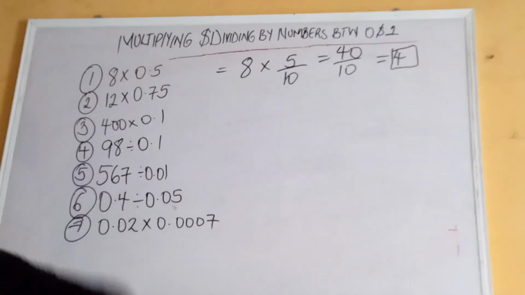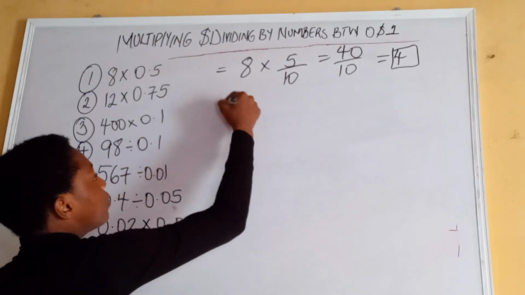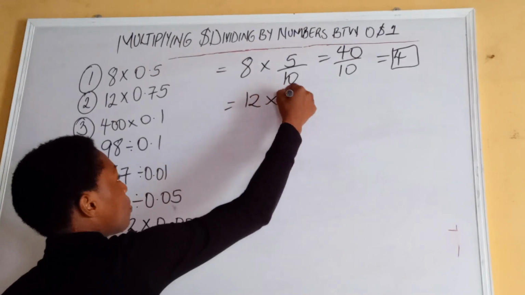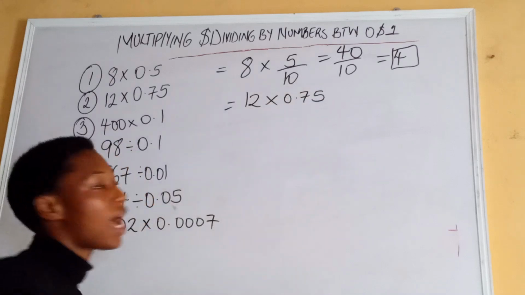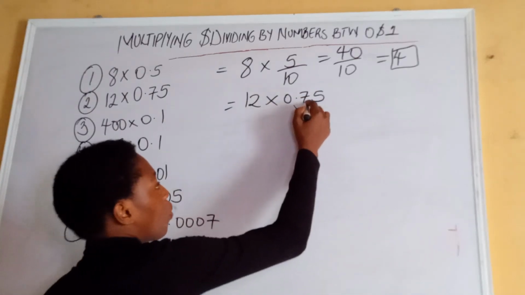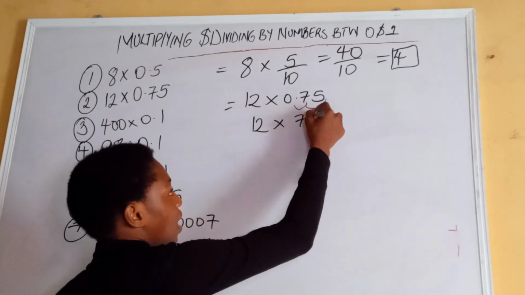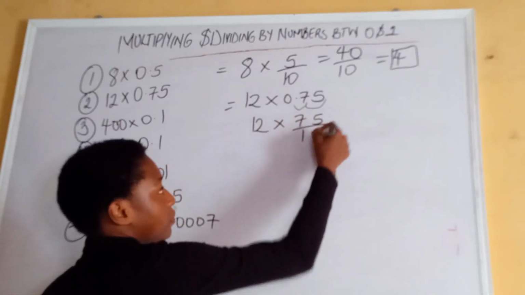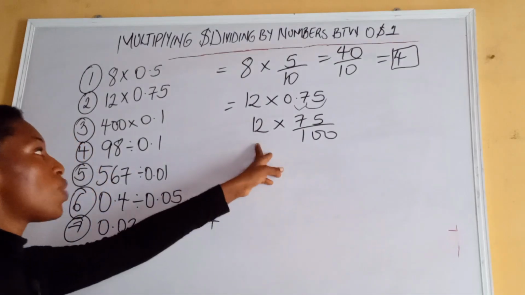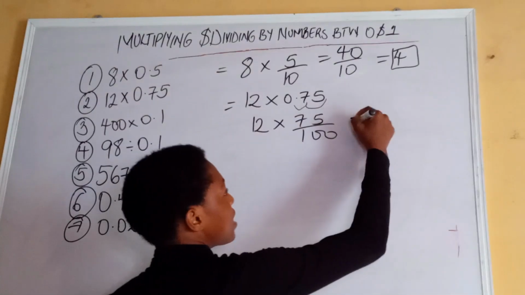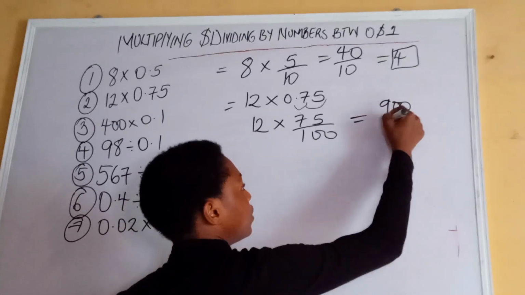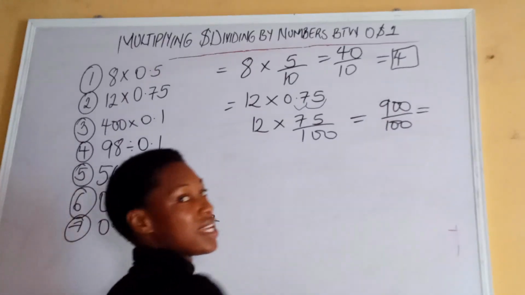The way to solve this mathematically would be 12 times 0.75, and if you move the decimal two places, this becomes 12 times 75 over 100. And 12 times 75 is the same thing as 900 over 100. Final answer is 9.